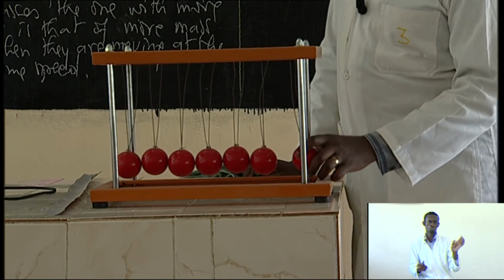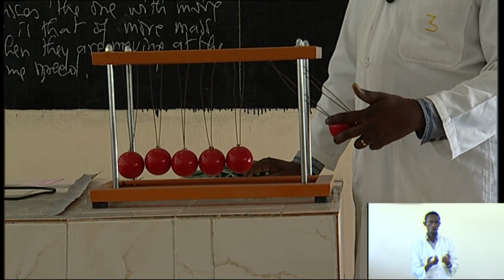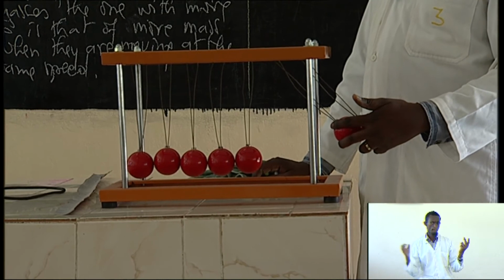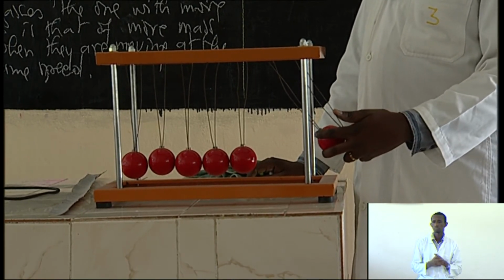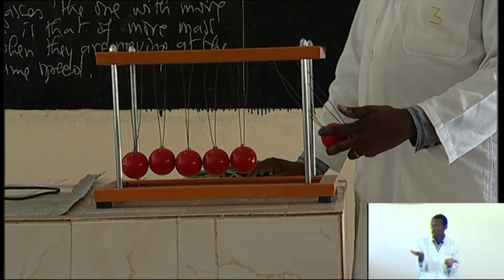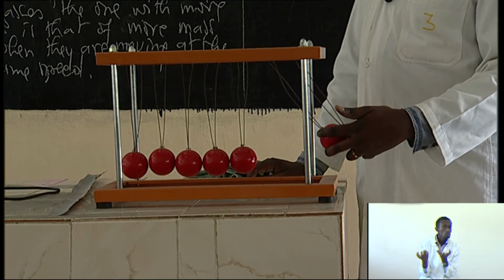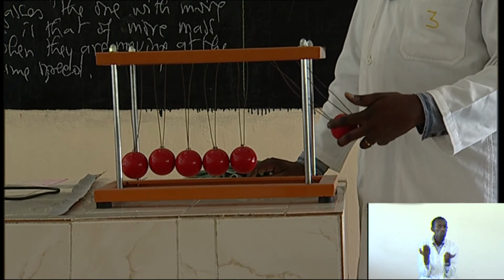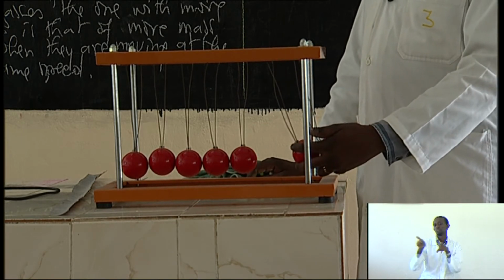But guess what? If we have two, and we are given the speed, what do you think will happen? Remember, they all have the same mass, and then we are giving the velocity to these two balls. Good. The two masses will move with the same velocity as the one that was colliding with this one.